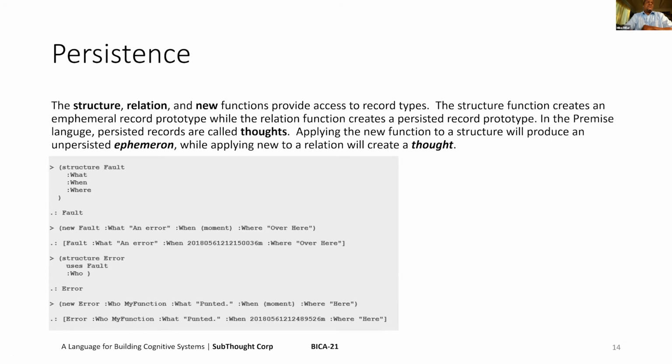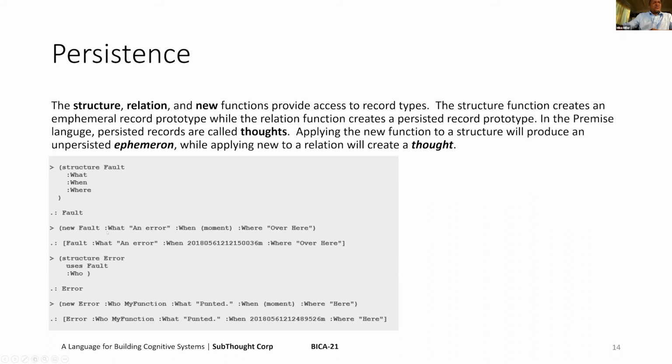In the premise language, persisted records are called thoughts. Applying the new function to a structure will produce an unpersisted ephemeron, while applying new to a relation will create a thought. So in this example, we say structure fault, and we give it 3 slots, what, when, and where, and it returns the structure name.